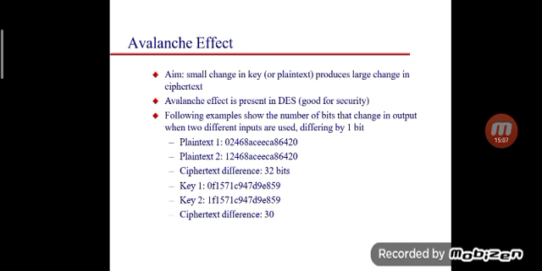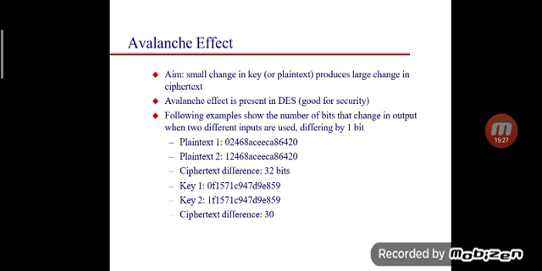Similarly, we can consider two keys, key 1 and key 2, and we change only one bit in key 2, from 0 to 1. If we change one bit in a key, the ciphertext difference is of size 30.